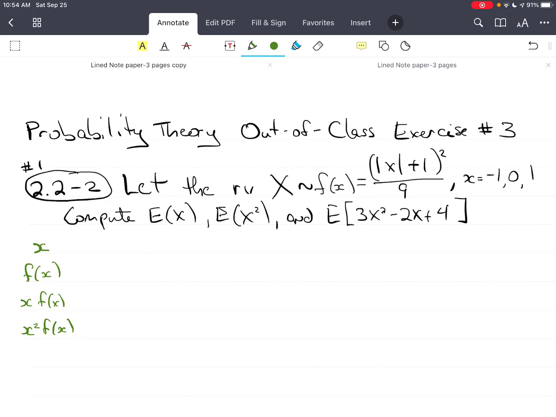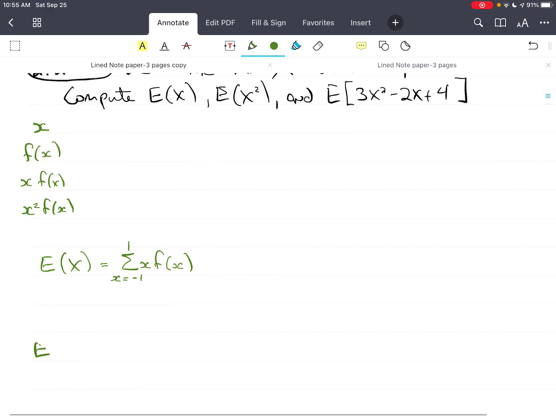Because I'm looking at the formulas for the expected value of x, which is the sum of x times f of x, in this case from x equals -1 to 1. And then e of x squared is equal to the sum from x equals -1 to 1 of x squared f of x. So those are the quantities that we need.